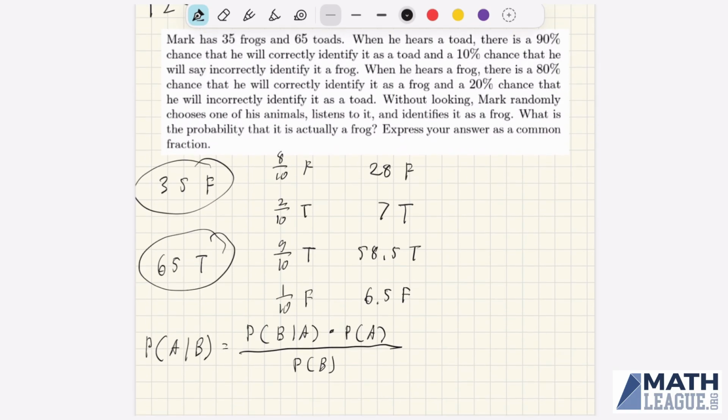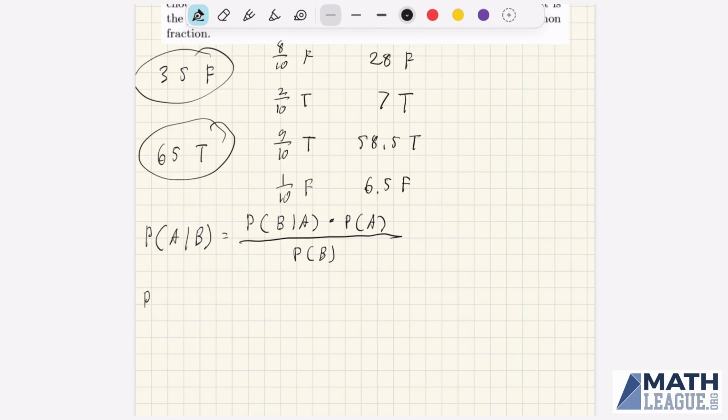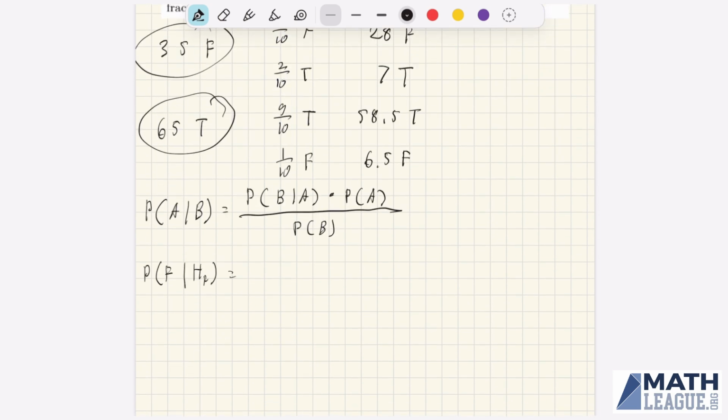In this case, we want to look at the probability that Mark picks a frog given that Mark hears a frog, right? So this will be equal to the probability of Mark hearing a frog given that Mark picked a frog, times the probability of Mark picking a frog, divided by the probability of Mark hearing a frog.